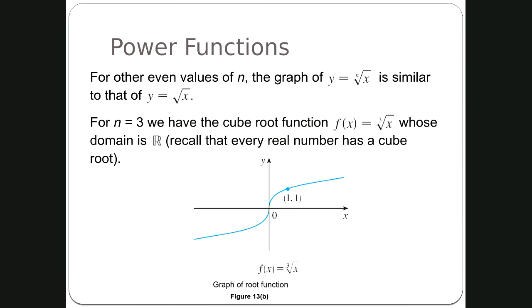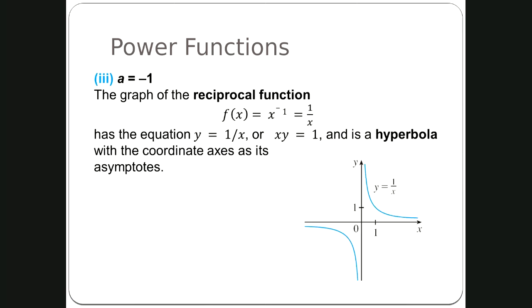This is just a sketch for the cubic function. And like I mentioned, for a cubic function or a cube root, the domain is the set of real numbers, because it's an odd root.